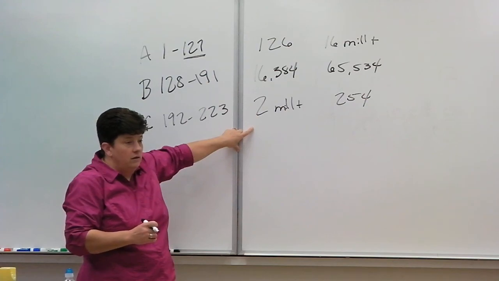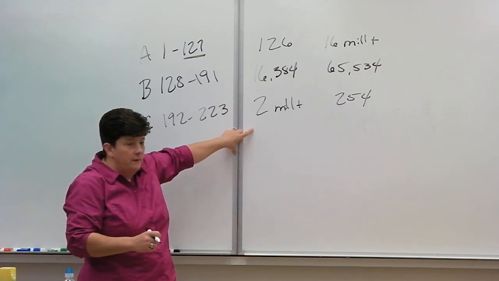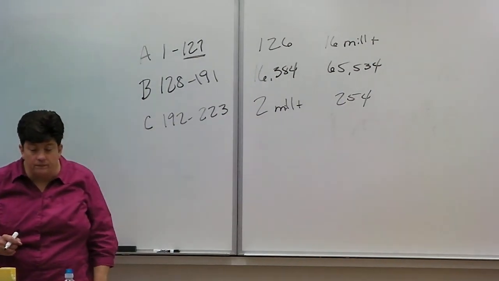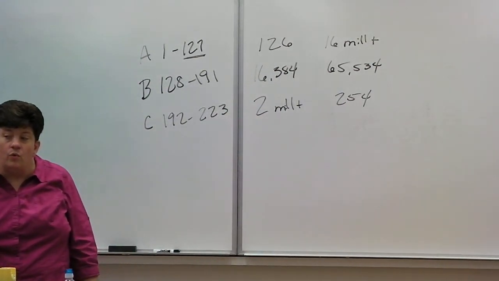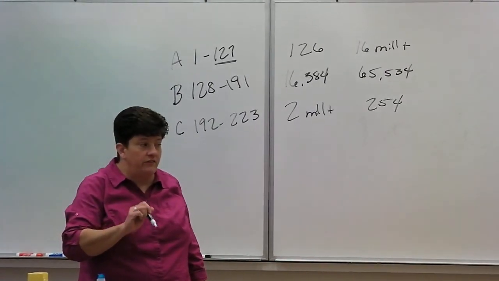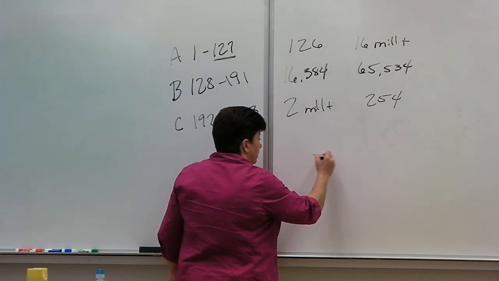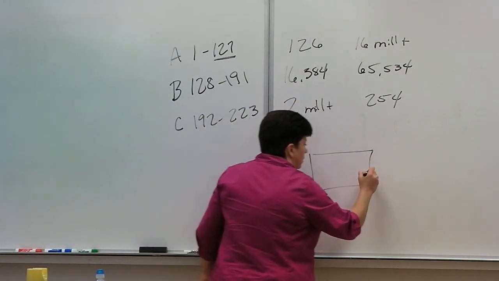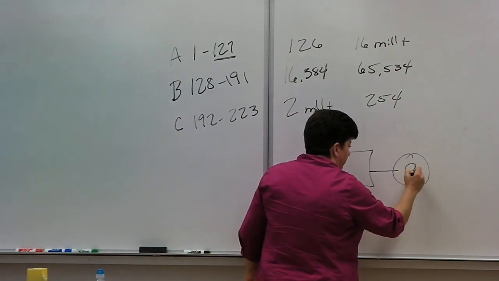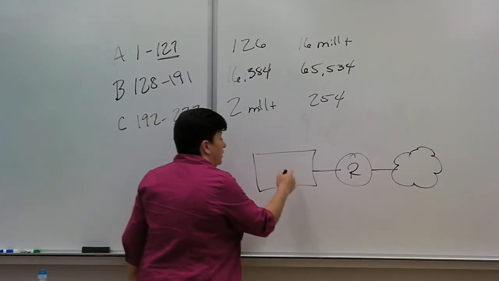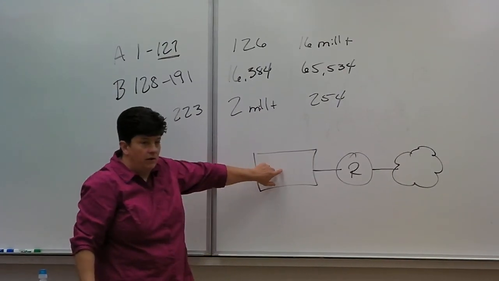Okay? And we're still out of addresses. IP version 4 addresses. You can do whatever you want inside your network. So if I have my network here, connect that to a router, and now I'm going out here, it's in here that we are going to talk about.